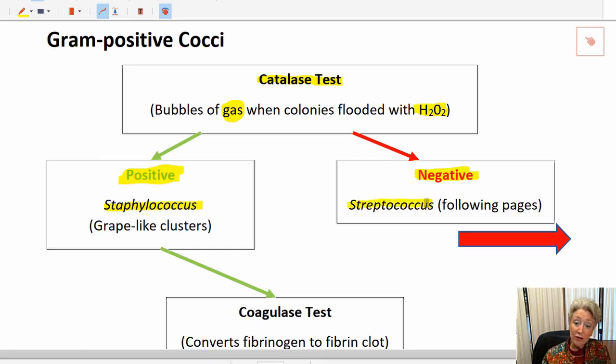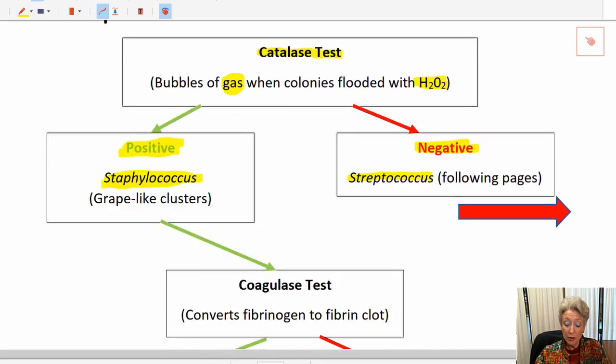We're going to start with Staphylococcus, of course, which has a name designating what it looks like. Staphylo is from the Greek and means clusters of grapes. And coccus, of course, means a spherical, circular sort of creature.